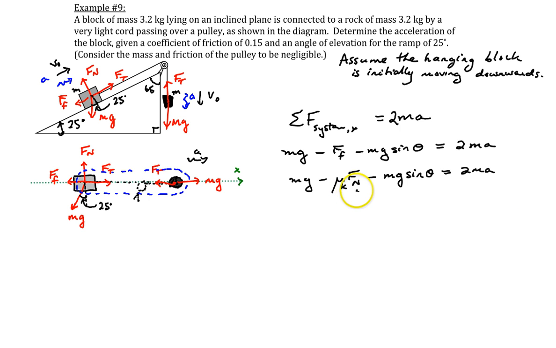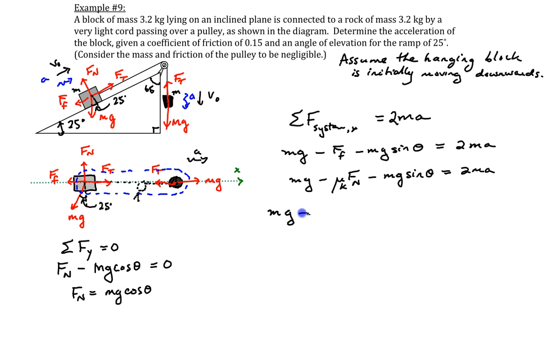And now the last thing we need to do is find that normal force. If we sum the forces in the y-axis for this particular body, we would find that the normal force minus the y component of the weight, which is mg cosine theta, will balance out to give you 0. So the normal force is equal to mg times cosine theta. Now we're going to plug that expression in.